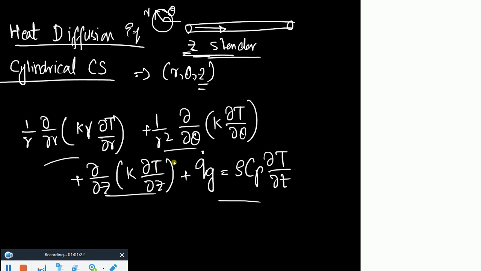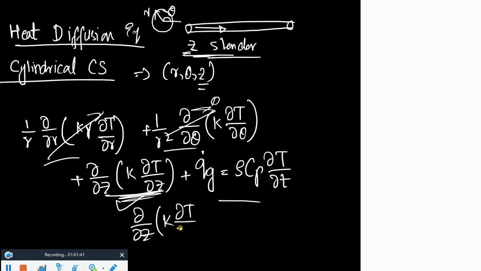In which direction, which term would be more dominant? This one is the most dominant term, right? So these two terms you can neglect, and depending on the steady state or the transient case, with or without heat generation, partial by partial z, k partial T by partial z equals 0. Let's say I'm taking the simplest one. Didn't you get the same heat transfer form? Right?